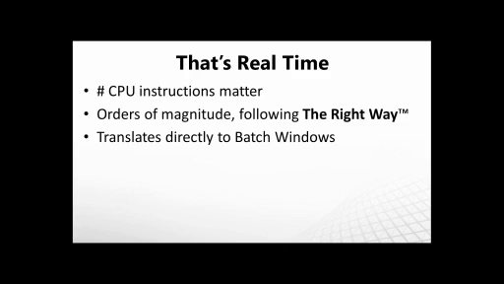So the takeaway for that kind of system, the most extreme forms of real-time system, is that you can typically shave off orders of magnitude if you know what you're doing in that space. And that translates to batch windows. If you are doing optimizations that really optimize even the small scale, all of those small scale things actually add up to making your batch windows shorter, even if you're living on the extreme right side of that scale.